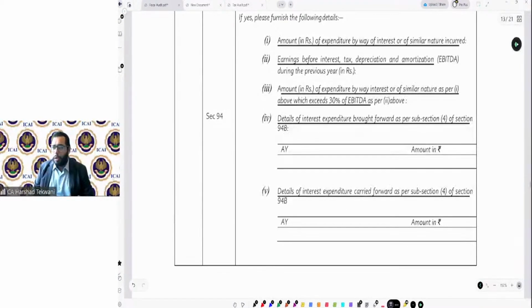So the total interest paid or payable in excess of 30% of earnings before interest, tax, depreciation and amortization of the borrower in any previous year, or interest paid or payable to the associated enterprise for that previous year is calculated, and the lower of the two is taken as the excess interest. 30% or the amount payable or paid, the lower of both will be taken as the excess interest, and the excess interest which is disallowed is allowed to be carried forward for a period of 8 assessment years following the year of disallowance, against the profits and gains of business or profession, subject to again the maximum allowable interest expenditure under this section.